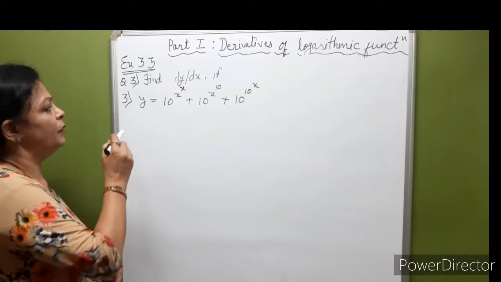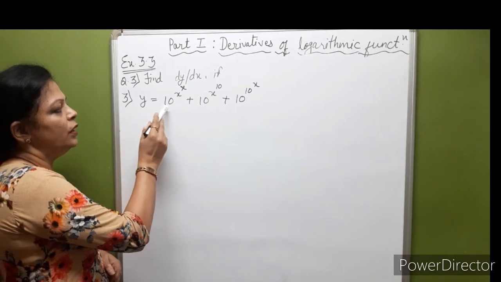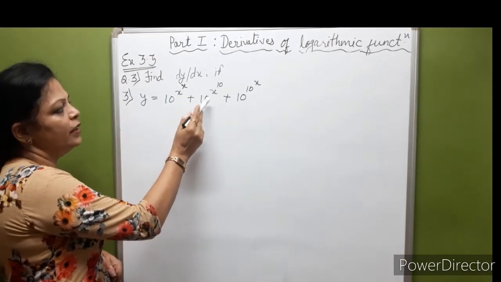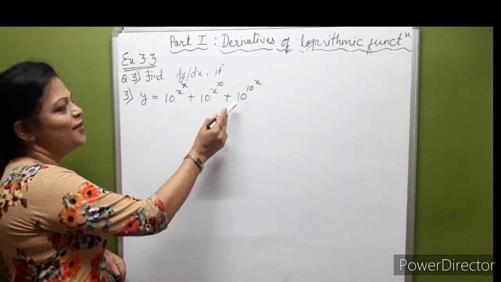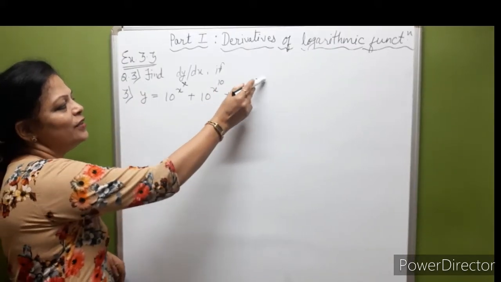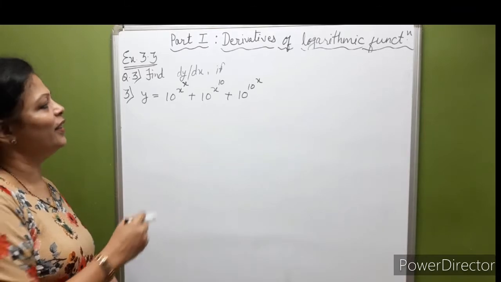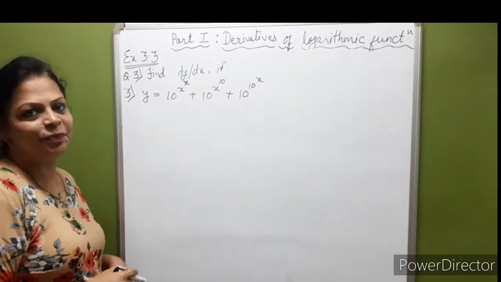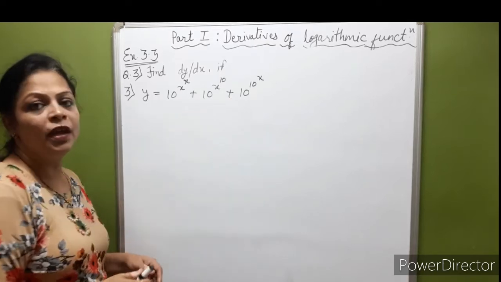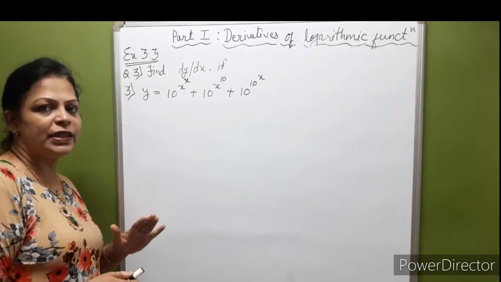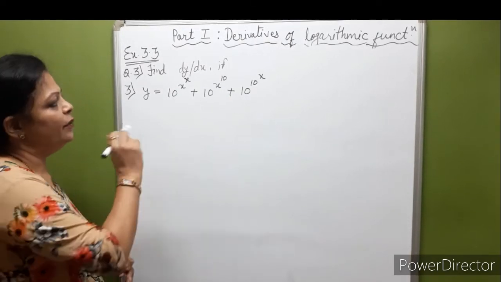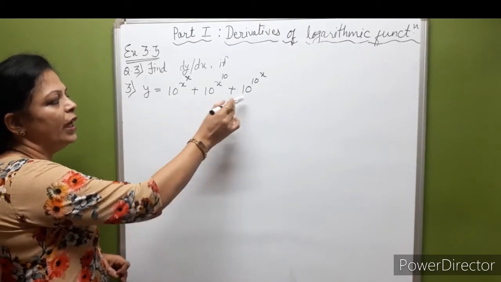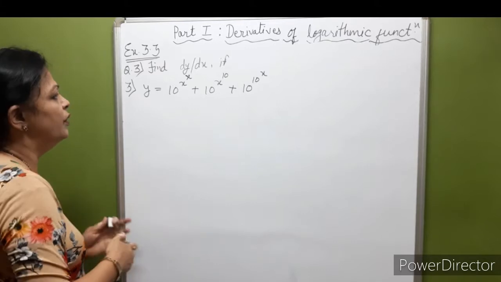The third sum, y is equal to 10 raised to x raised to x plus 10 raised to x raised to 10 plus 10 raised to 10 raised to x. Correct? In the power we have different combinations of x and 10. The base is same. So like how we did in the first sum, uv, same way we'll do. Now here there are three functions. So we take u, v and w.